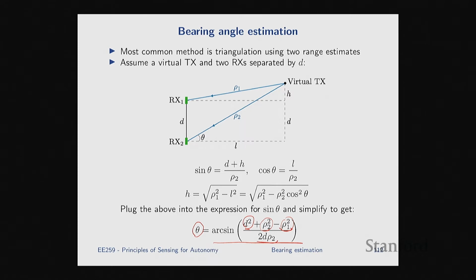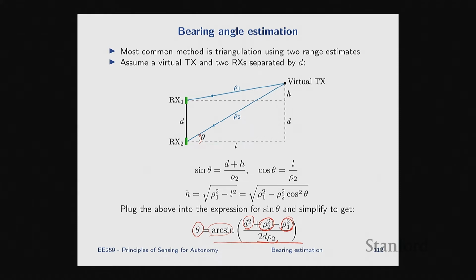You just plug everything into this, you take the arc sine, and that gives you the DOA to the target. So very simple. But what's important is that you need to know the rho1 and rho2 that you measured with your two receivers correspond to the same target, right? If they don't, this argument is invalid.